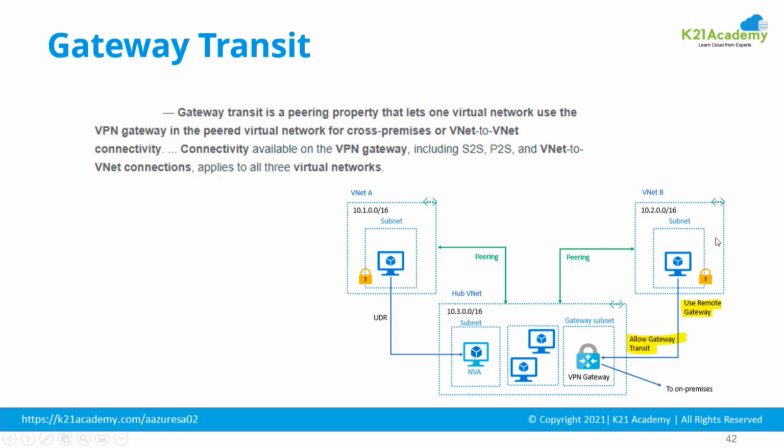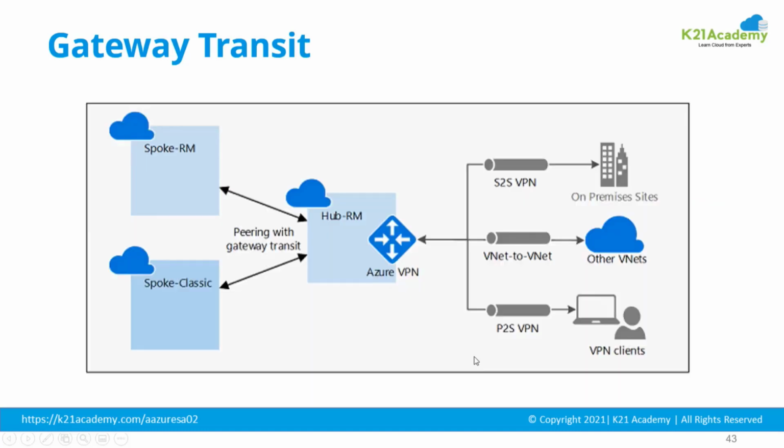So let's suppose this network is using transit, it can use this VPN gateway to go down. If this VNet is not configured with allow gateway transit, then this machine or machines in this network can't use this VPN gateway because gateway transit is not allowed. So that's gateway transit. In this model, we have a hub connected to two spokes, and they can talk to your on-premise or other networks through the hub and spoke model with gateway transit.